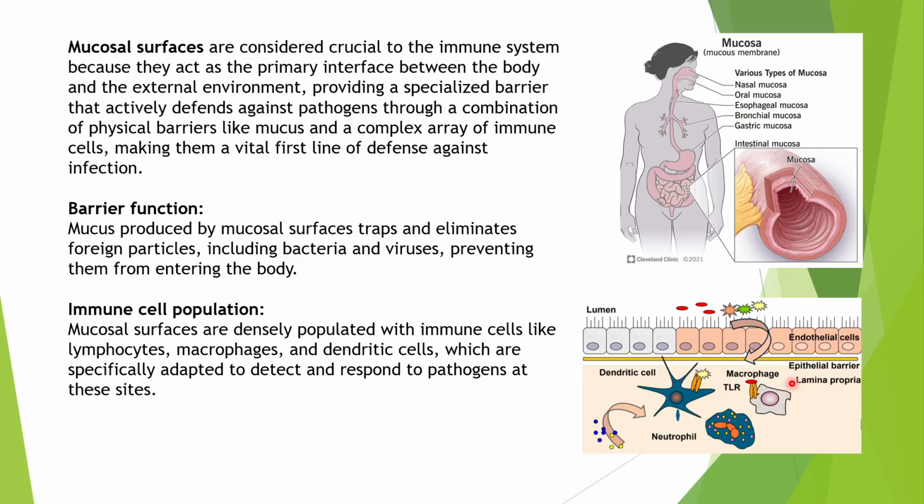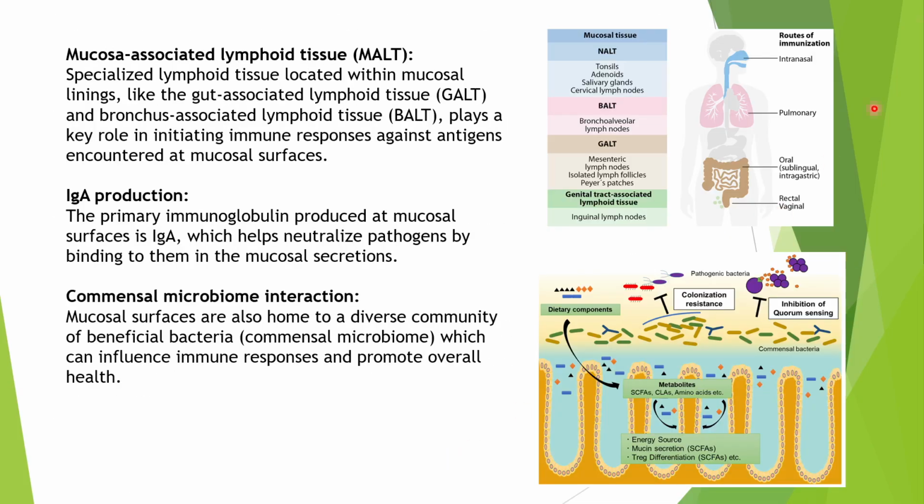As we saw earlier, all the cells associated with your mucosal layer come under your mucosa associated lymphoid tissue. Depending on the region it is present in, you have your nasal associated lymphoid tissue, NALT, and then for your tonsils, adenoids, salivary glands, cervical lymph nodes, and this is nasal or intranasal.